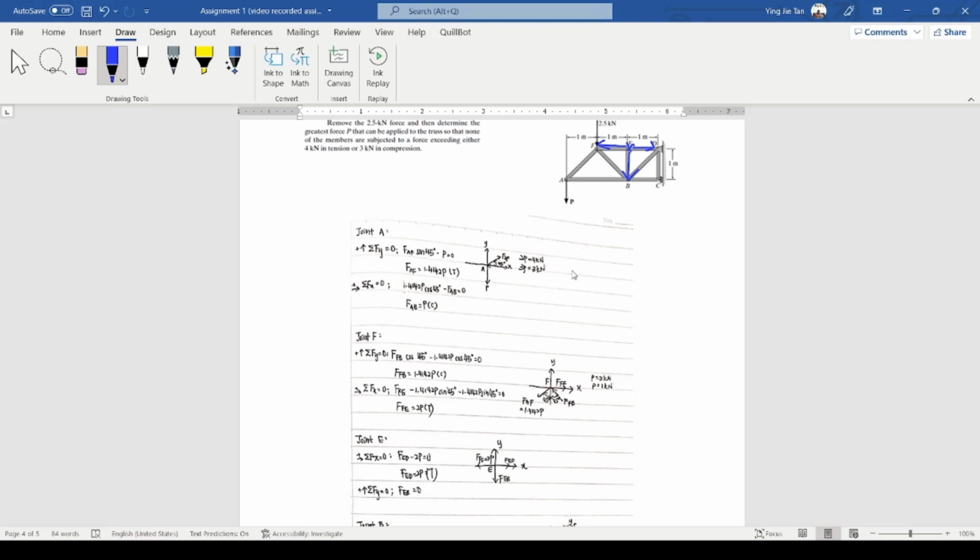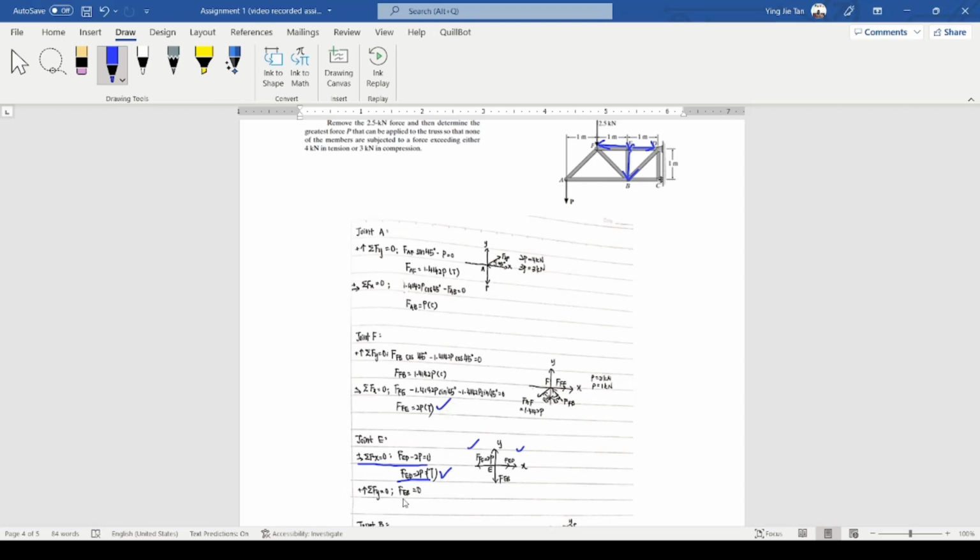Okay, so this one we will do the resolution. We will get the equation by checking your Fx. So this one, FED minus 2P, you get 0. So your FED equals 2P.